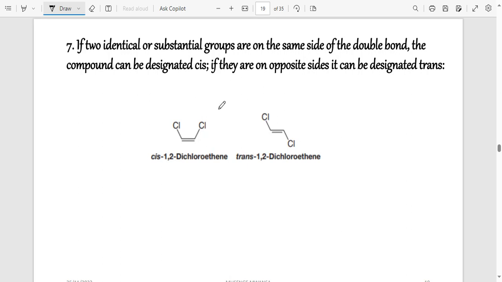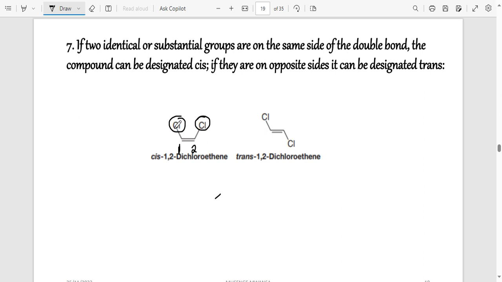Now, alkenes exhibit what we refer to as cis and trans isomerism. When you have got the same group on the same side of a double bond, we call that a cis. So you can see this one has got only two carbons, 1 and 2. So when you are naming this, you name first the substituents.